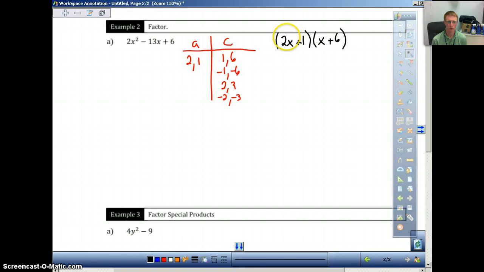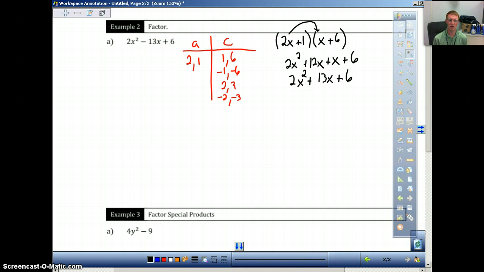So we're going to FOIL. 2x times x is 2x squared. 2x times 6 is 12x. 1 times x is x. 1 times 6 is 6. Add these two up, we get 13x. 2x squared plus 13x plus 6. That does not match up. It's close, but it doesn't match up.